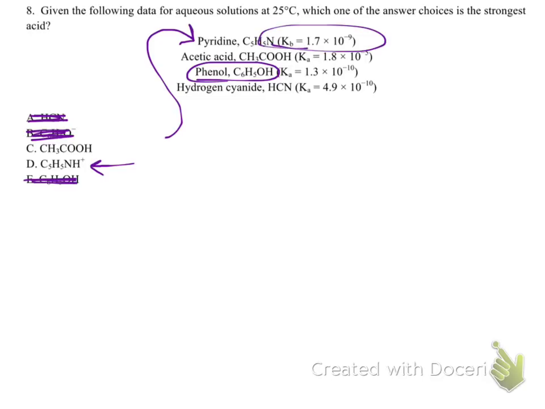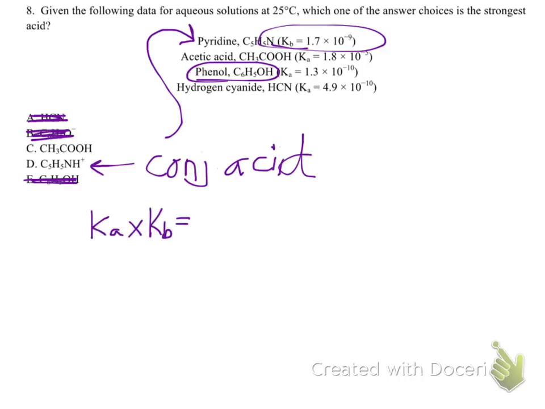So this is protonated pyridine, which is just the conjugate acid of pyridine, which we are given above. So I'm going to use the relationship that Ka times Kb equals Kw to find the strength. And then we will know once and for all which is the strongest of these acids.